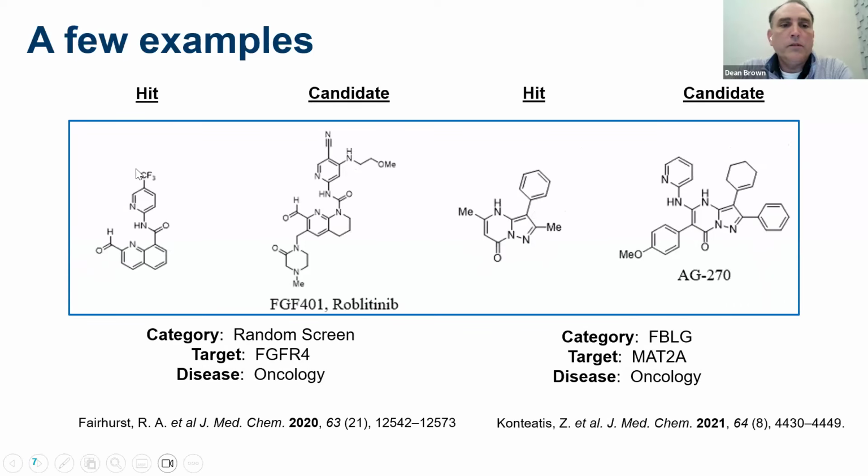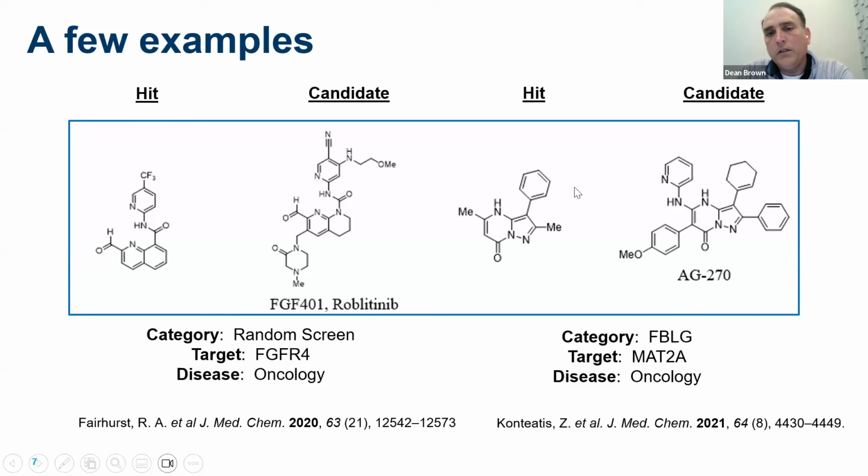Here are a few more examples, just two more. Here's a random screen. We're going to talk about this one in more detail. This is a quinoline aldehyde that led to the FGFR inhibitor roblitinib, a really, really elegant example. And we'll talk about why that aldehyde was so critical for oncology. That came from a random screen.